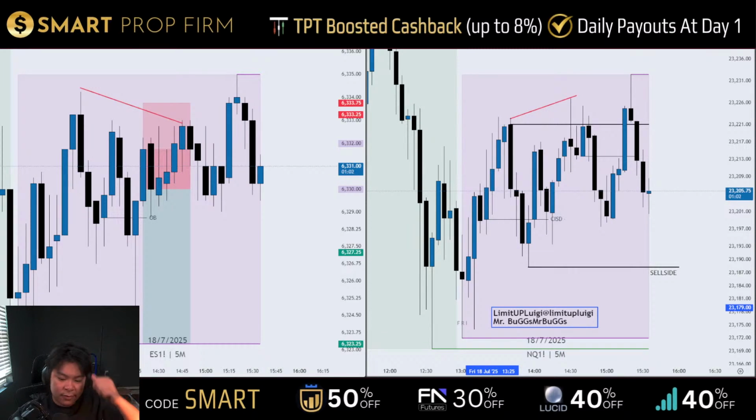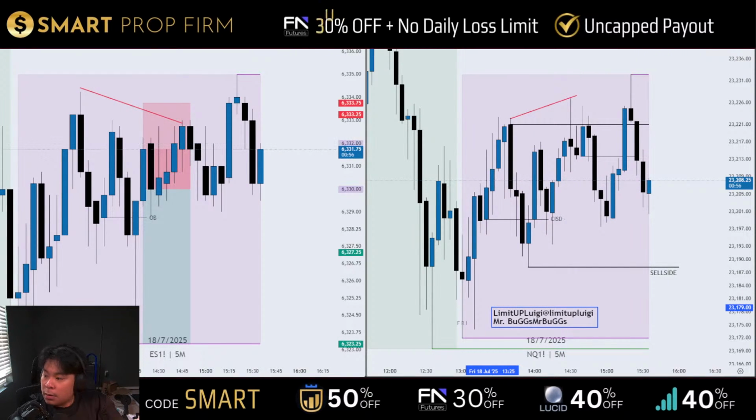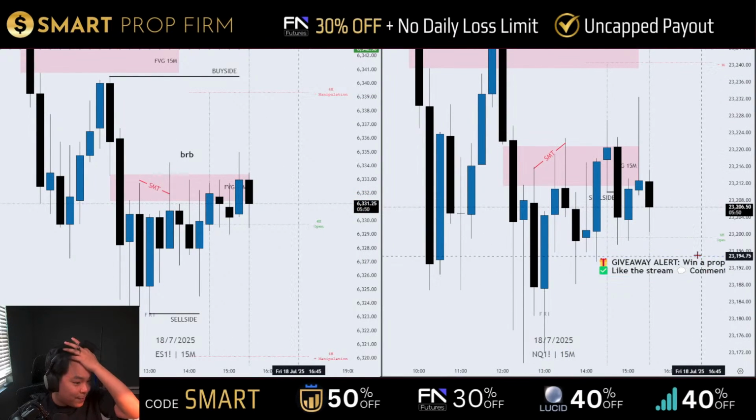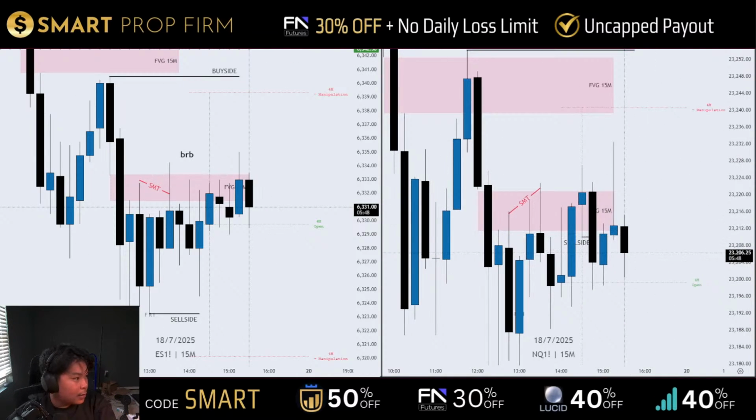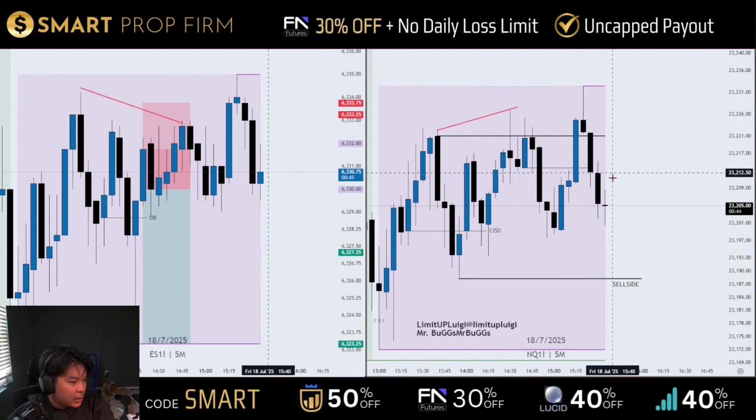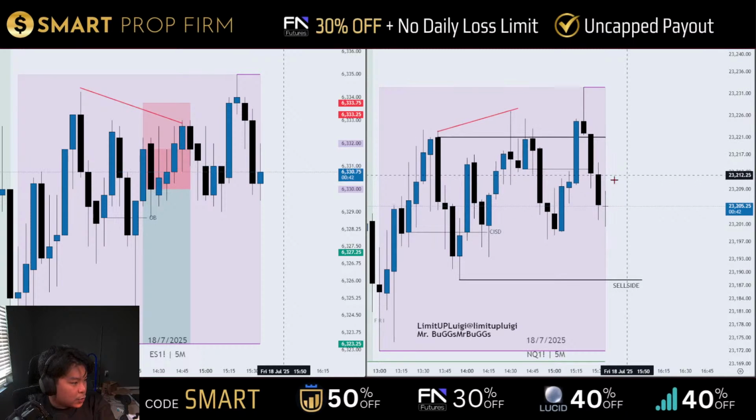Usually prop firms do it for like 4:59, 5 o'clock. This is such a bad trading day, bro. If you're a scalper, I mean, you're making a little bit of money, but overall, this is like dookie.